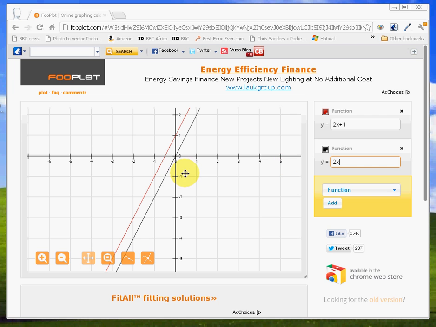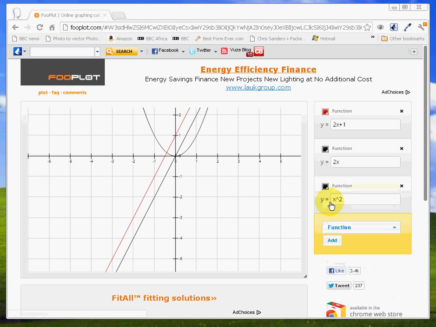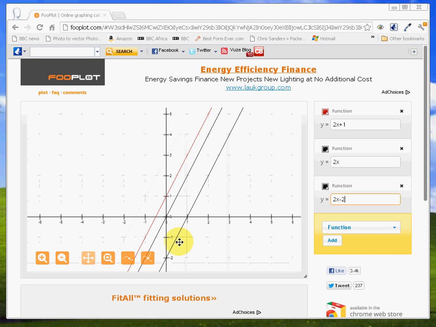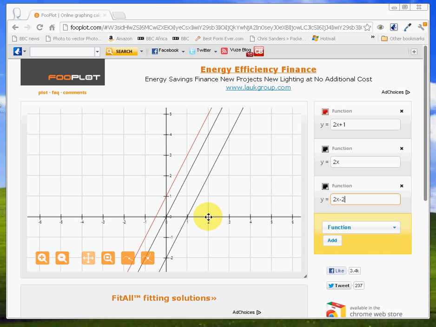What about if I did 2x minus 2, for instance? If I add another function here, add a function, and let me just delete that. If I put 2x minus 2 in here, 2x minus 2 gives us this line. Let's do this one here. 2 times 2 is 4, which you bring up there, but then you're taking 2 off it, so it brings you down to that point there.